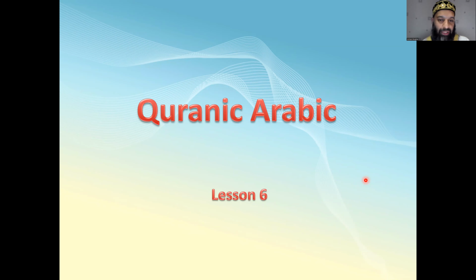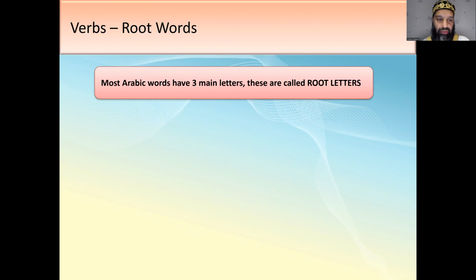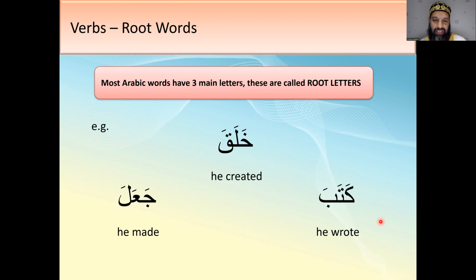Good. Right, lesson 6. So now we left noun land, and we've come to verb land. Verbs are very important in Arabic. A verb is a doing word. To walk, to play, to hit, to teach, to cry, right? It's basically saying most Arabic words have 3 main letters.